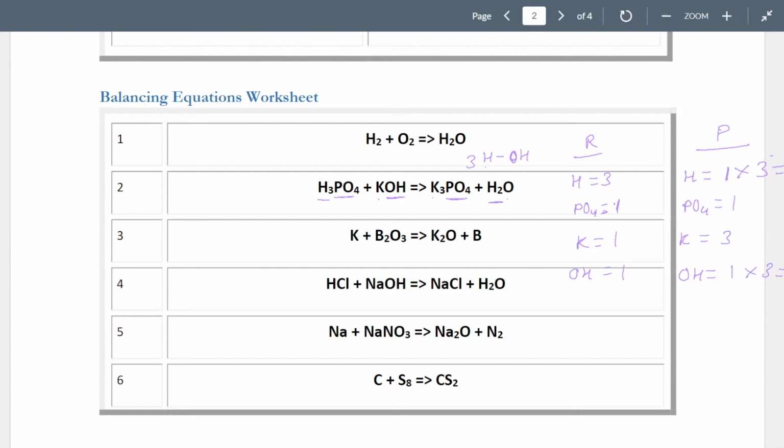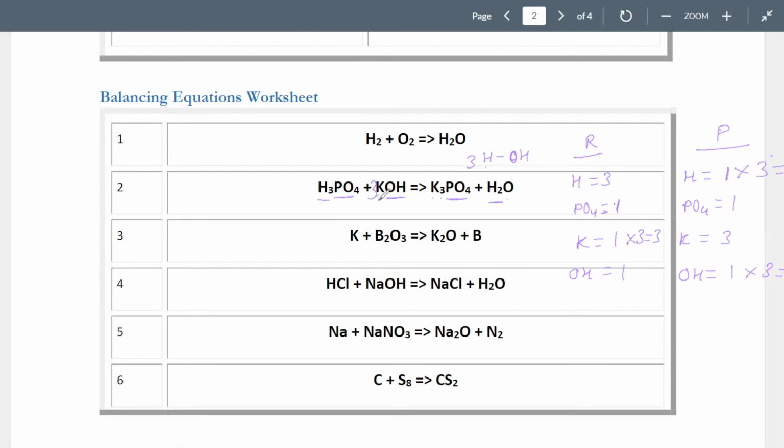Now, the next step is to move on to the potassium. How many potassiums are there? There is 1 over here and there are 3 over here. So we're going to multiply this potassium by 3 so that we have 3 potassiums on both sides.